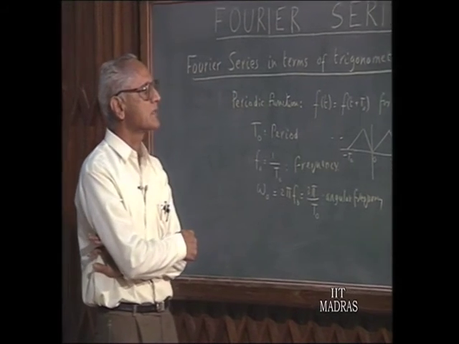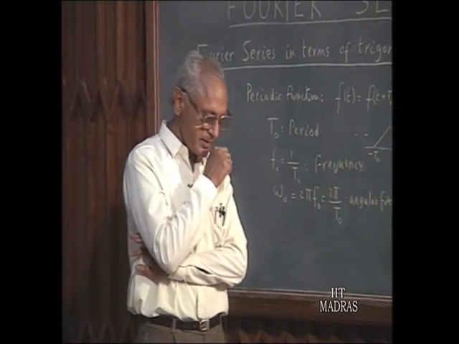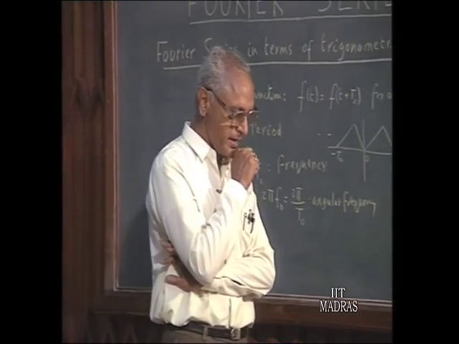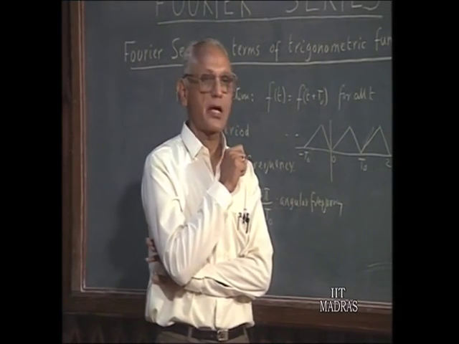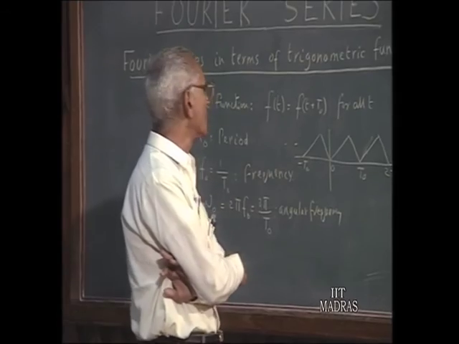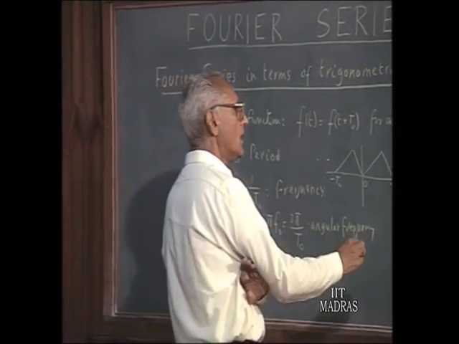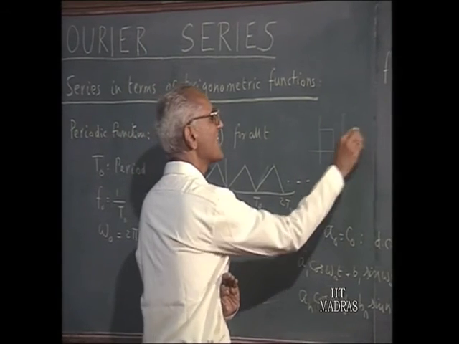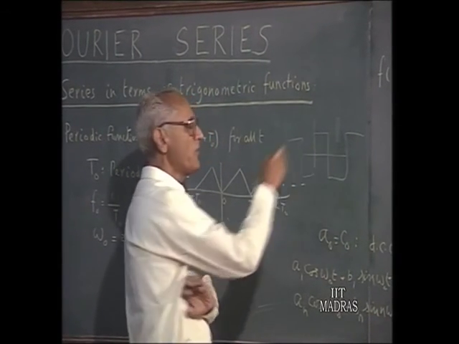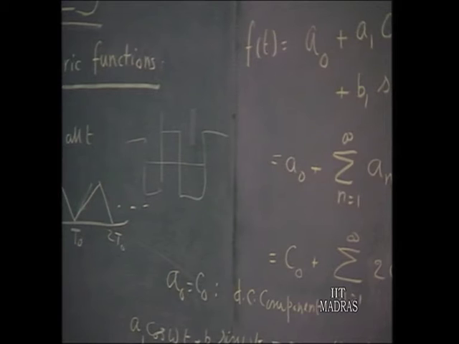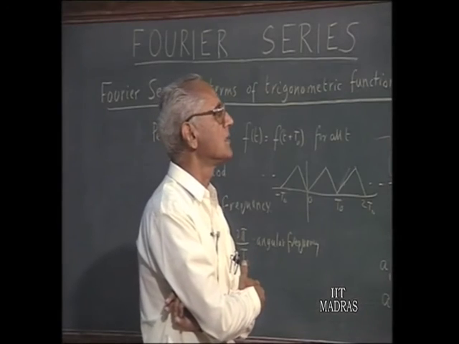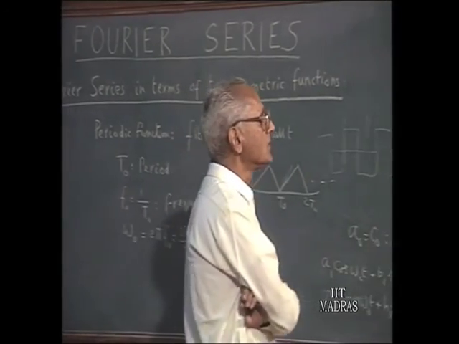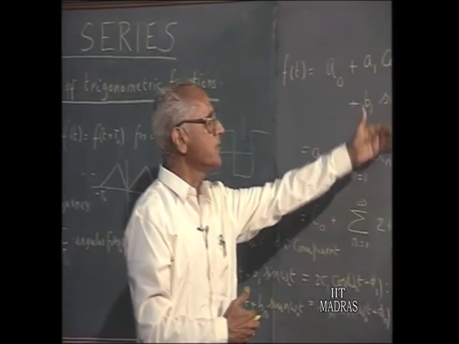So when Fourier introduced this notation, many eminent mathematicians of his day apparently were not convinced of its validity. Their argument is this: Fourier said this could be extended to functions like this as well. So when you have functions of time which are discontinuous and exhibit jumps, how can you express this in terms of functions which are all continuous and smooth?